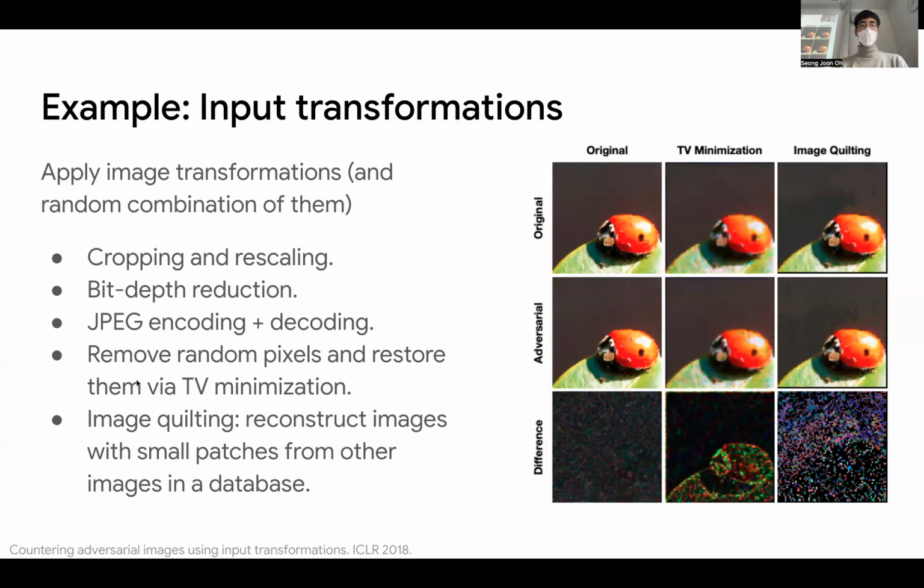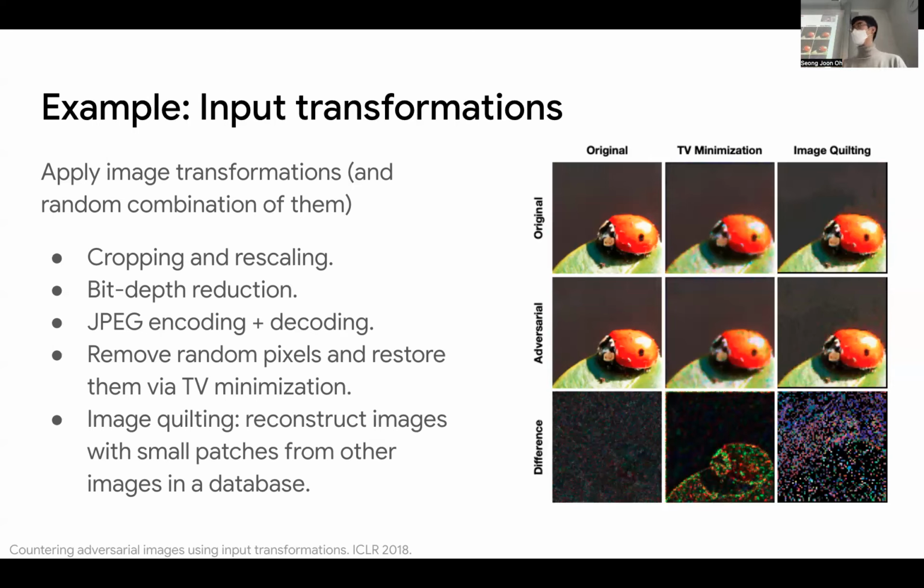And they also propose different ways, like remove some of the random pixels and then in-paint those removed pixels using TV, total variation in-painting, or image quilting, meaning that instead of using the original image, you are taking some patches.